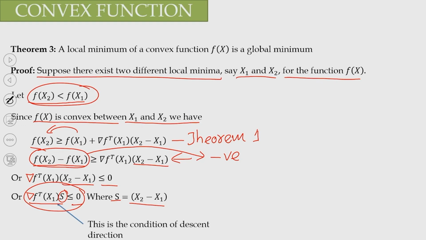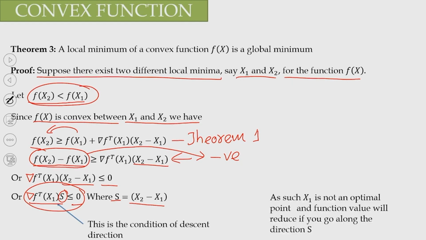So, whatever optimal solution you are getting, x1 is not a local minima, because from x1 you can go to x2 and the function value will reduce, and this condition is telling that. That means, at x1 if you go along s direction, the function value will reduce. Therefore, x1 cannot be a local optimal solution.